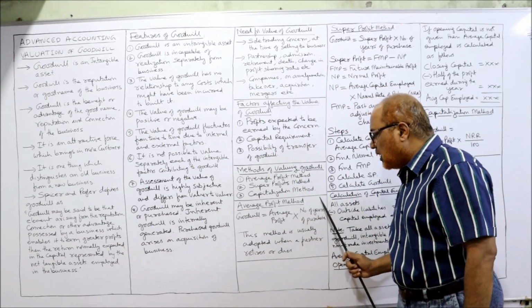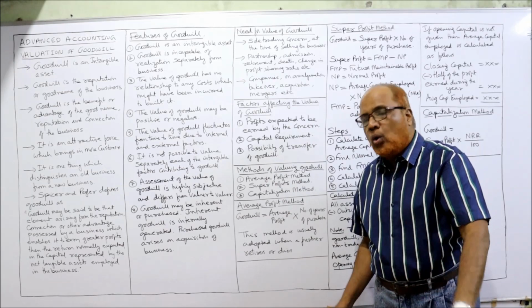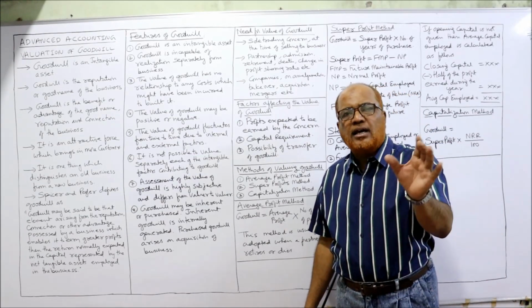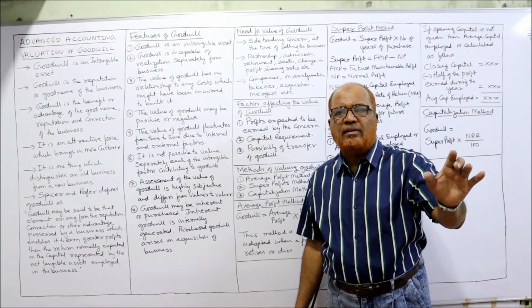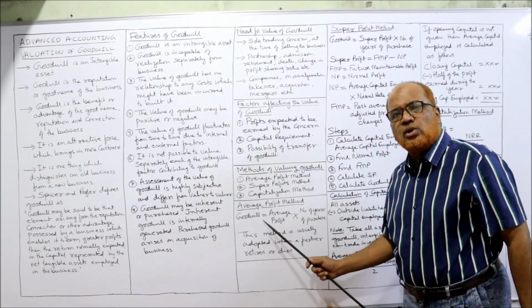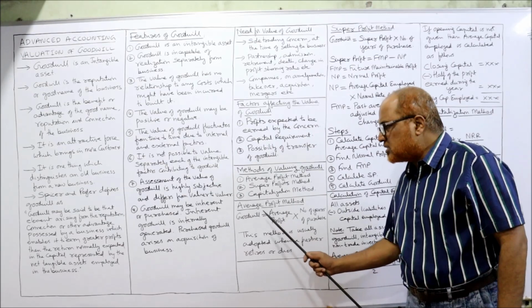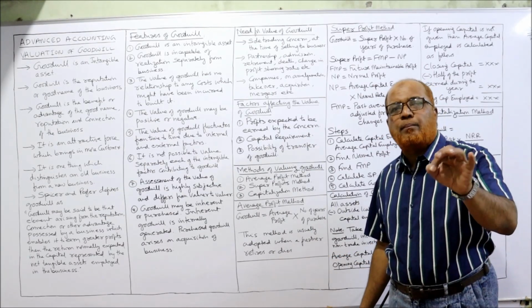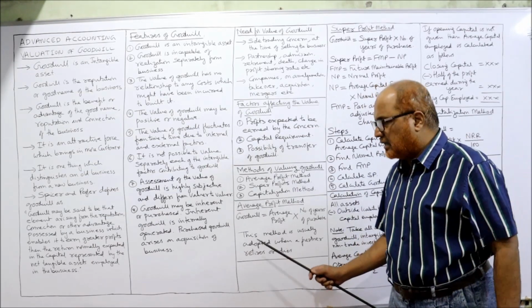And in examination, the number of years of purchase will be given. The only thing is you have to calculate the average profit. Simple average. Take the average profit of the last 3 years or 5 years, whatever is given in the problem. So average profit into number of years of purchase will give you goodwill. And this method is suitable in case of partnership when a partner retires or when a partner dies.